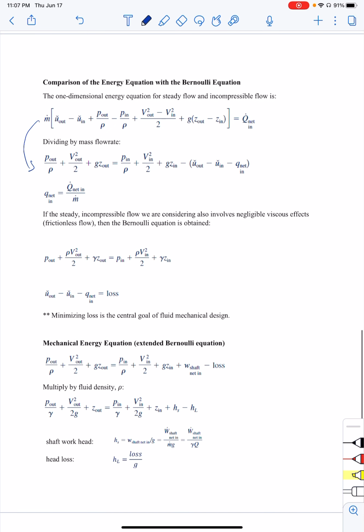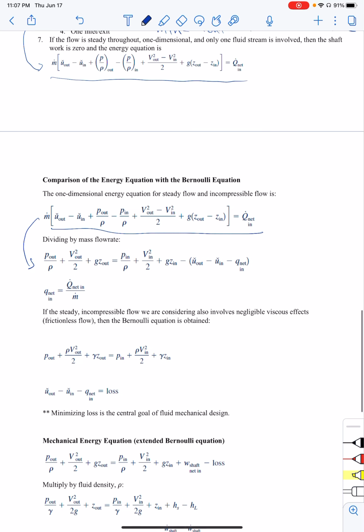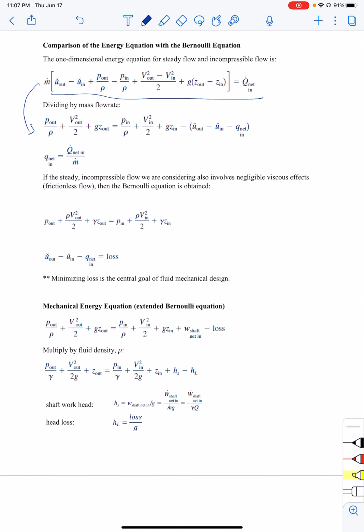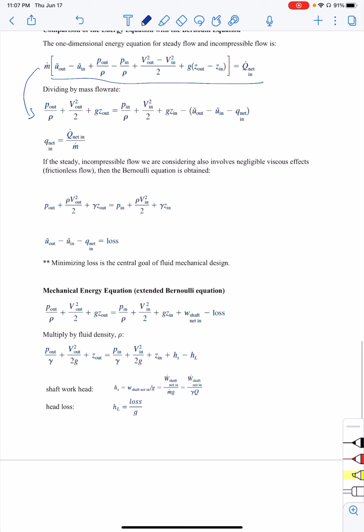If we divide it by mass flow rate, this is the equation that we get. And this last term right here, we call loss. And note that this Q right here is the heat transfer per mass flow rate, which I just defined here.